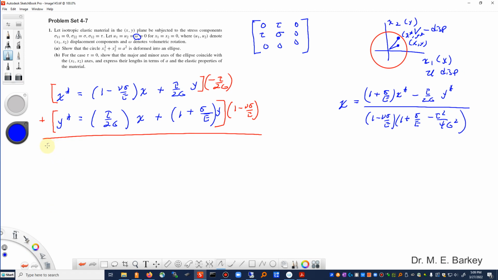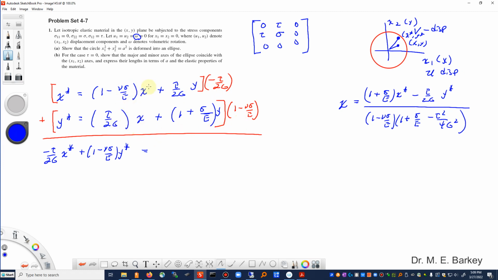Over on the left-hand side, I'm going to have minus tau over 2G x star and 1 minus nu sigma over E times y star. And that's going to be equal to this term times this term and this term times that same term.